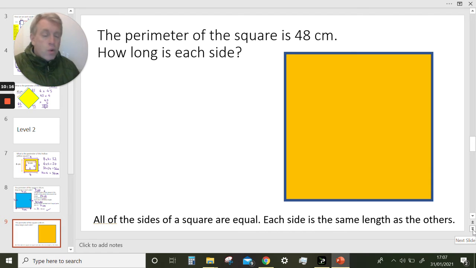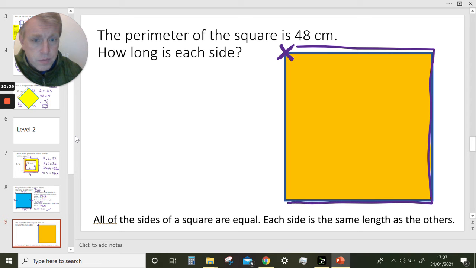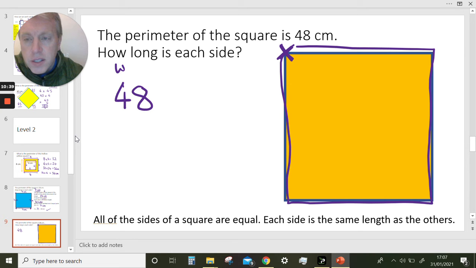The perimeter of the square is 48 centimetres. Well, remember the perimeter is this line that starts here and goes all the way around, all the way and back to the start. So the whole length of the line is 48 centimetres.